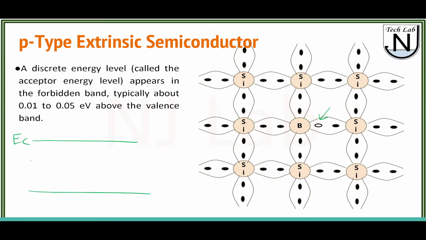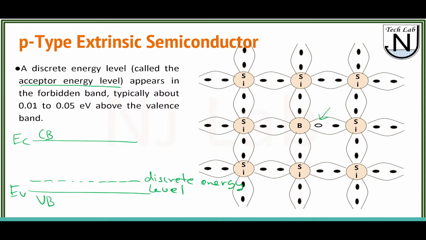So if this is the conduction band and this is the valence band, then due to the presence of this acceptor atom, meaning this trivalent impurity, one discrete energy level will be formed, and this will be known as the acceptor energy level, because it is due to the acceptor atom.